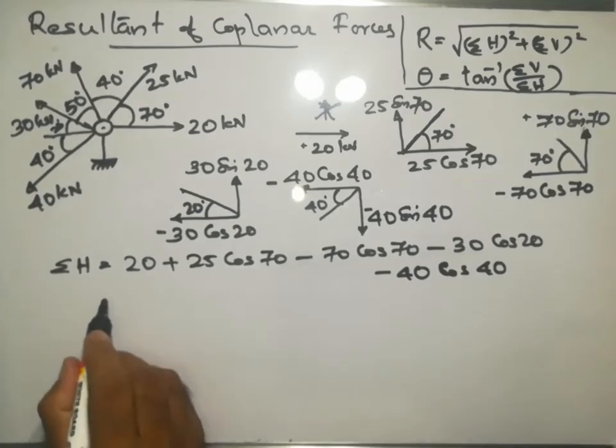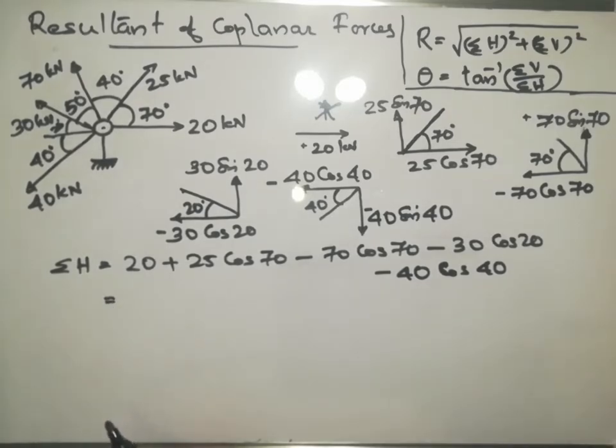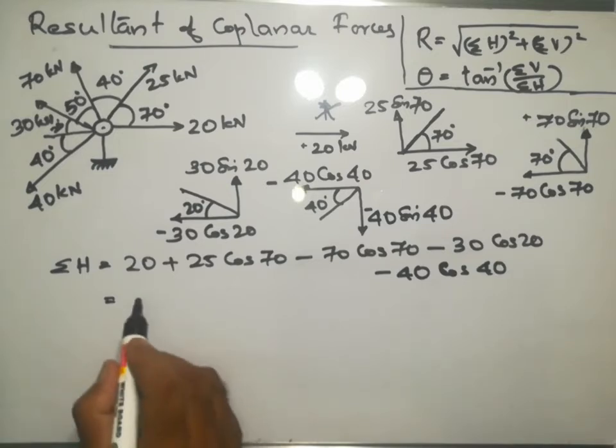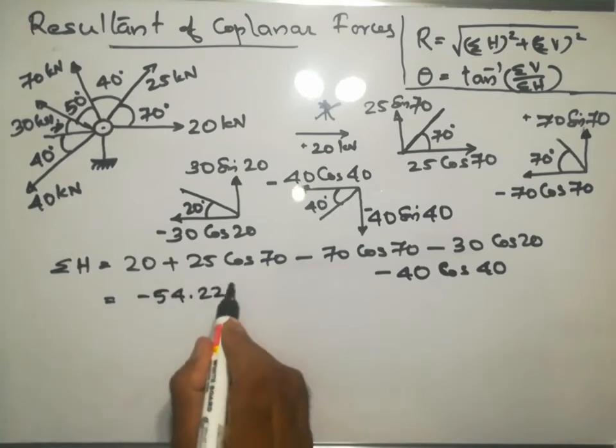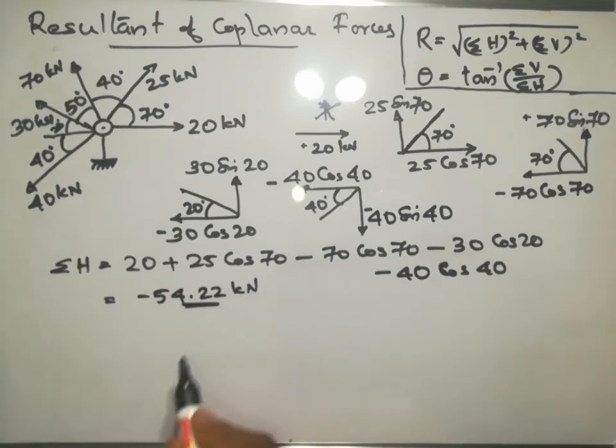So when you calculate this, you will get sigma H equal to minus 54.22. So it will be acting towards left.